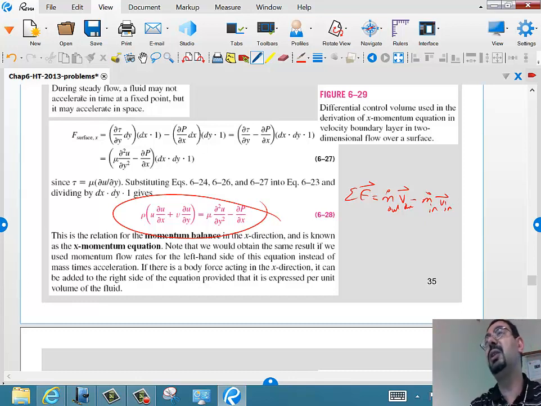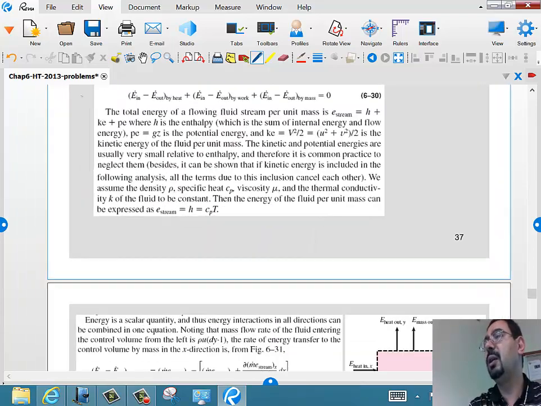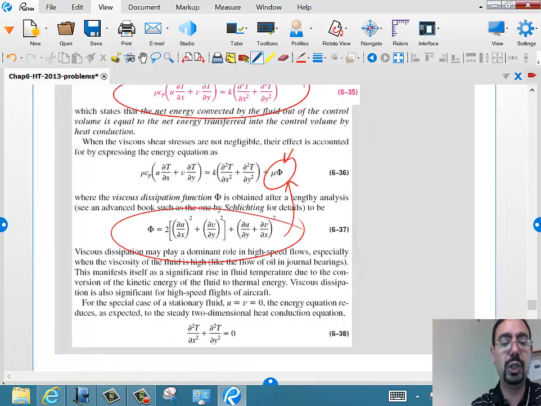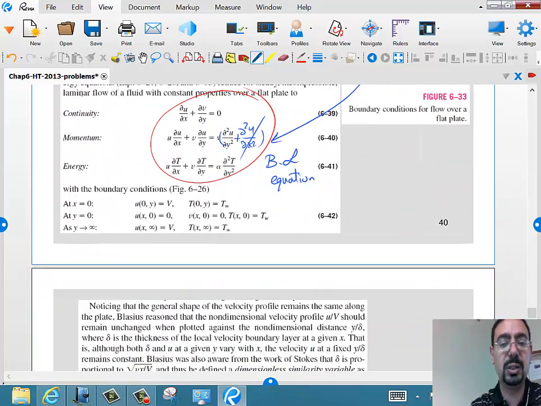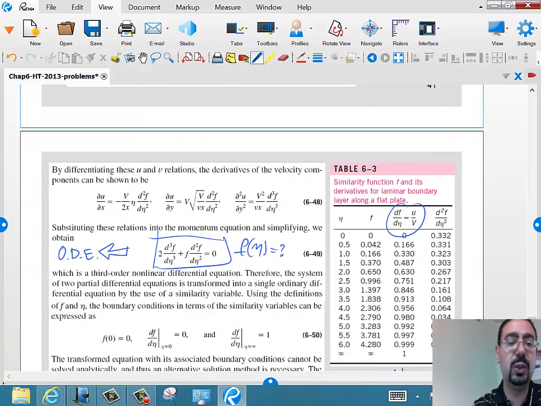And even this is not that easy to solve, because you can see it is a partial differential equation, which makes it really hard to solve, right? But they solved it, and they can also come up with a similar equation to get the temperature, the energy equation, right? I don't want you to solve those equations. Let's leave this for other courses. But I'm just telling you that the solution exists, and we will just use that solution.